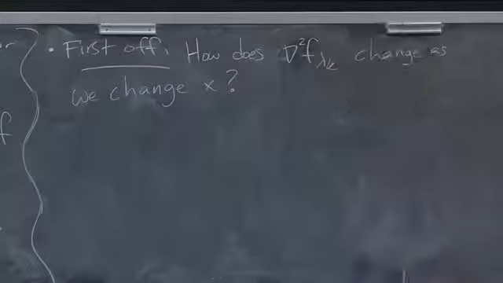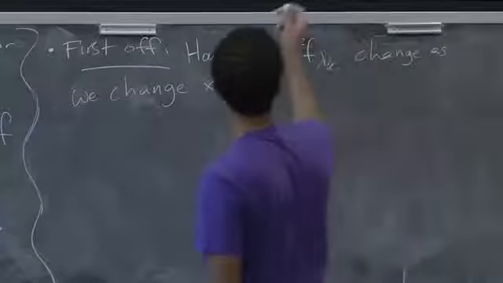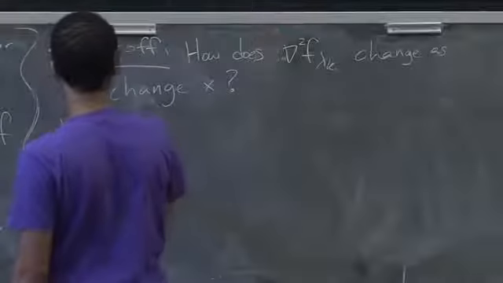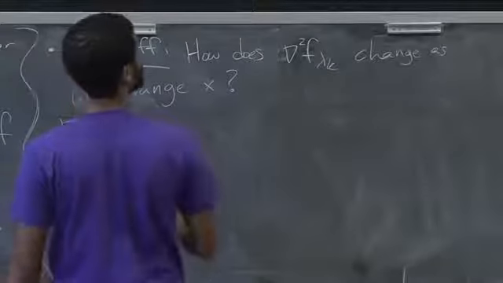Because if you look at Newton's method, it says that the Hessian shouldn't be changing too much on the line that you're optimizing over, right? So if I'm going to have any hope of controlling that, I need to understand when I vary x, how is the Hessian changing?